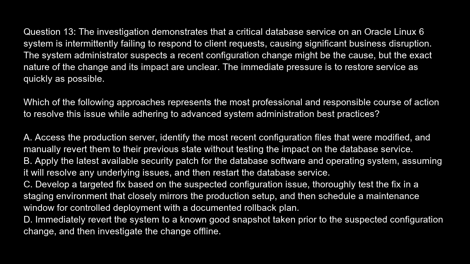Option C. Develop a targeted fix based on the suspected configuration issue. Thoroughly test the fix in a staging environment that closely mirrors the production setup, and then schedule a maintenance window for controlled deployment with a documented rollback plan. Option D. Immediately revert the system to a known good snapshot taken prior to the suspected configuration change, and then investigate the change offline.